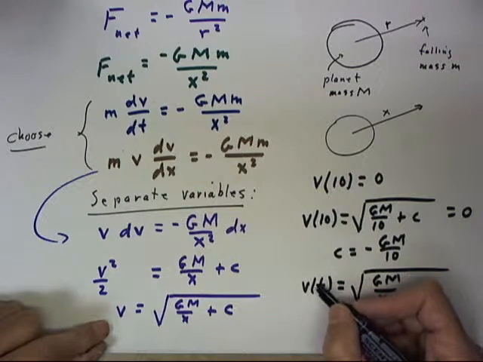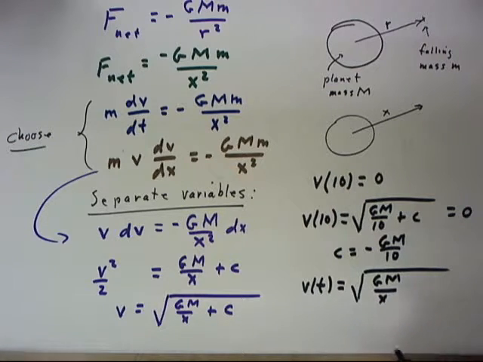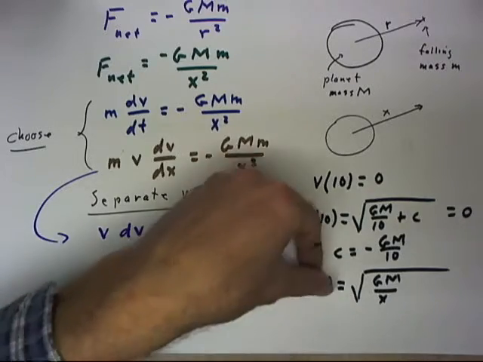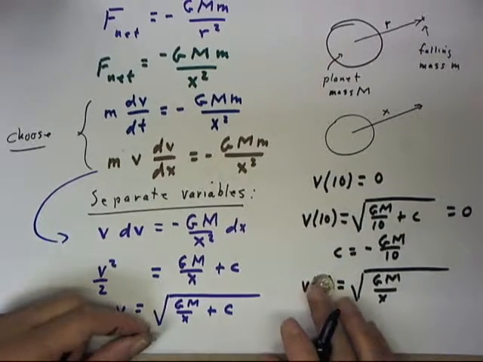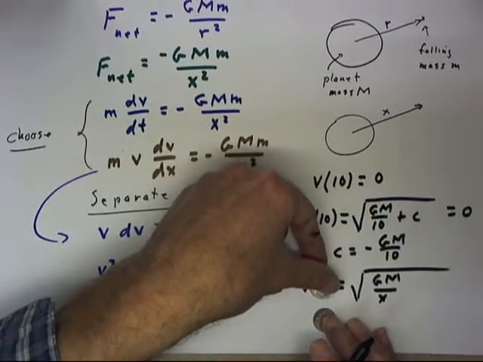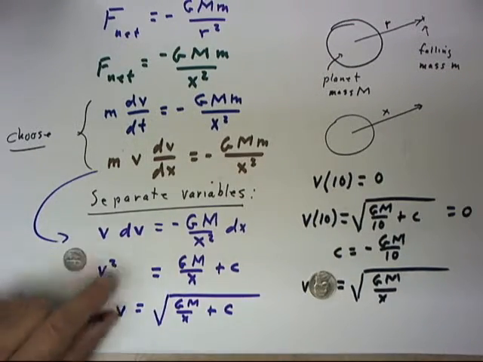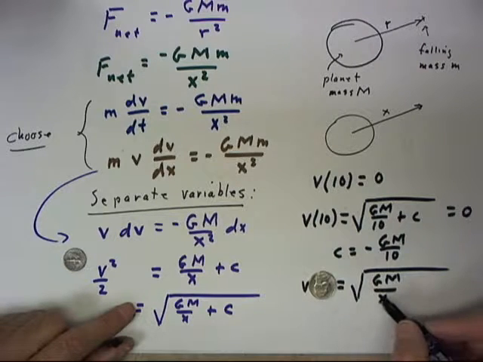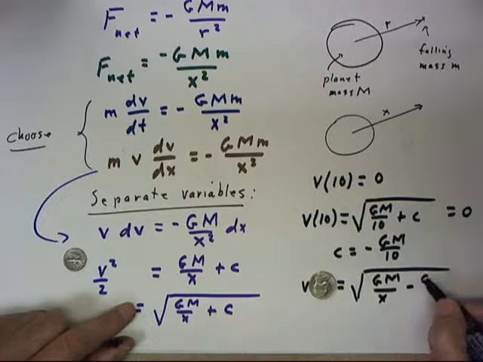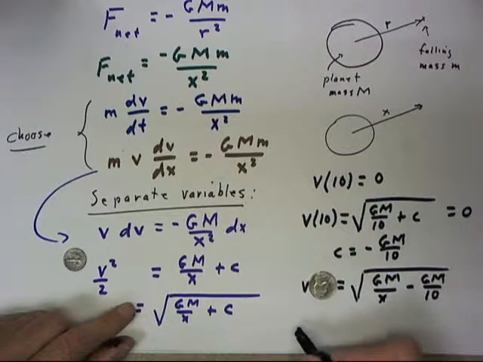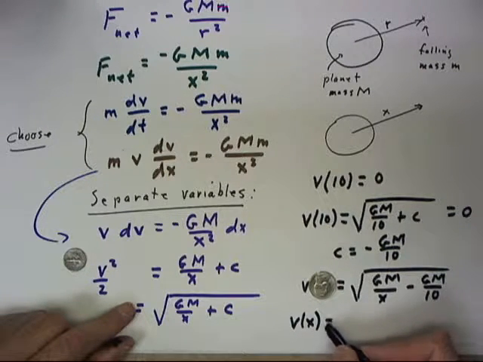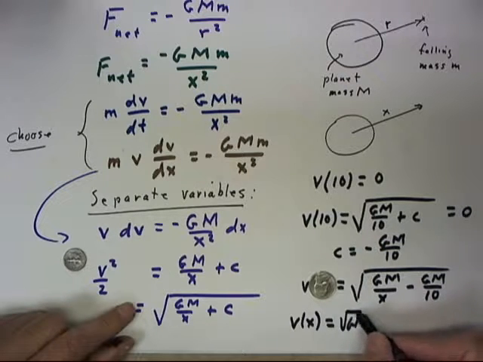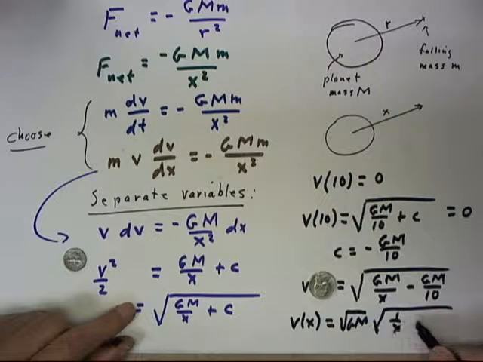minus GM over 10, so that v of x could be written as the square root of GM multiplied by the square root of 1 over x minus 1 over 10.